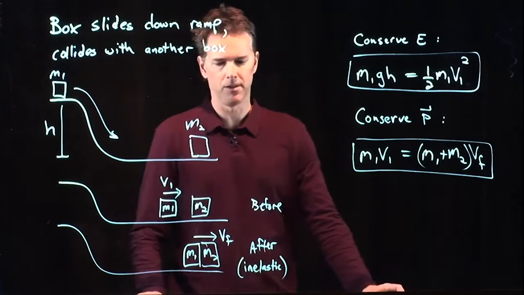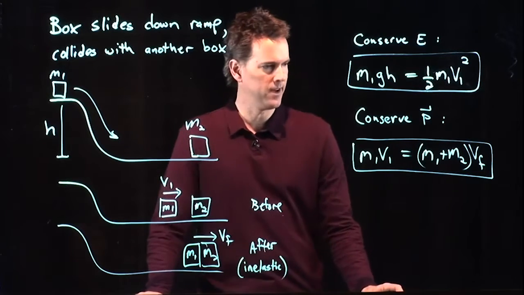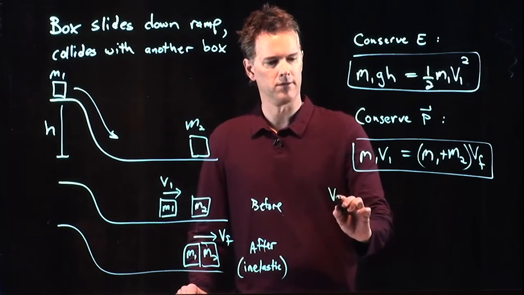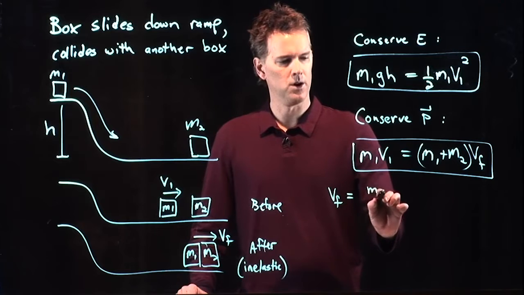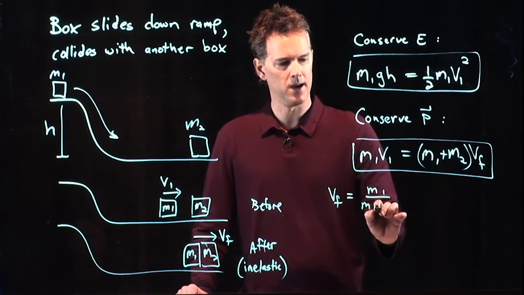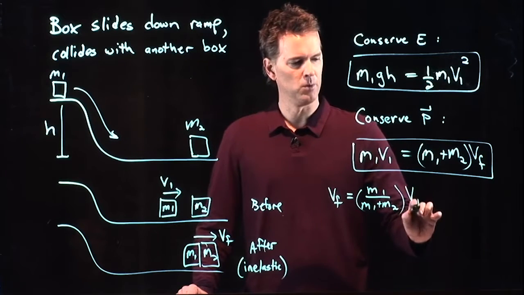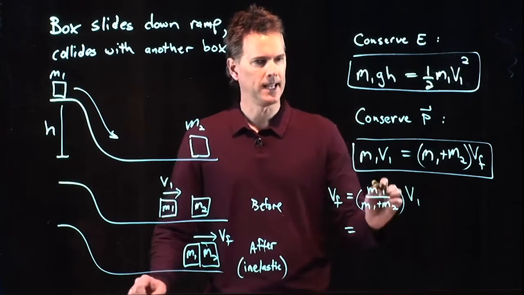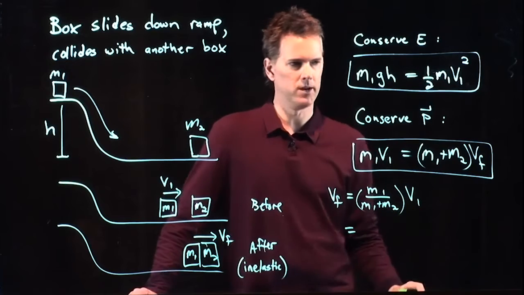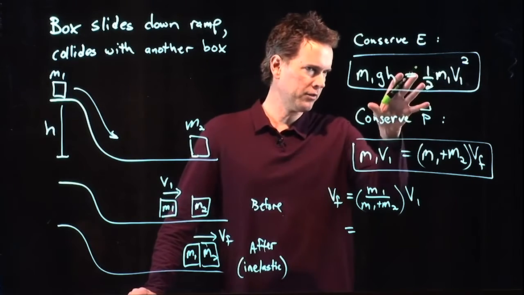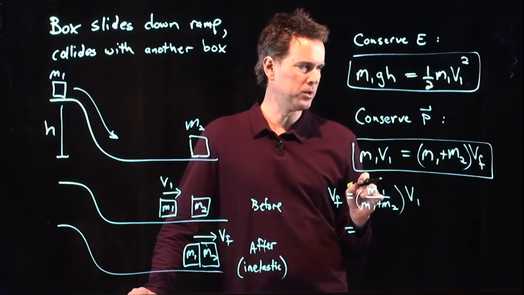All right, let's do that. VF is going to be the following. M1 divided by M1 plus M2, all of that times V1, and I can get V1 from this equation right here. If I look at this for just a second, I can probably see what V1 is.